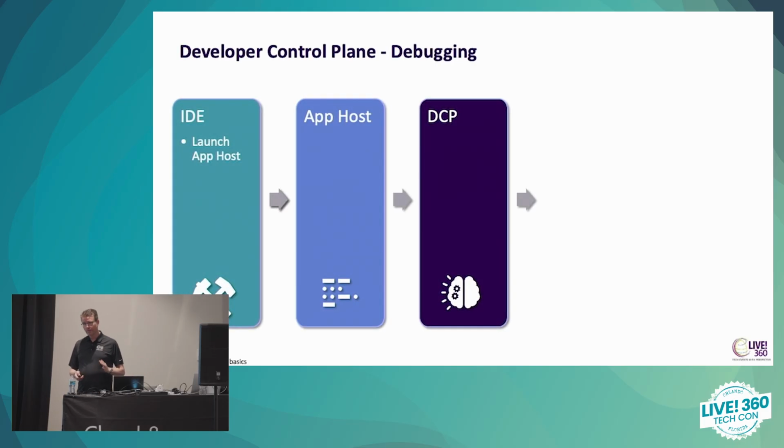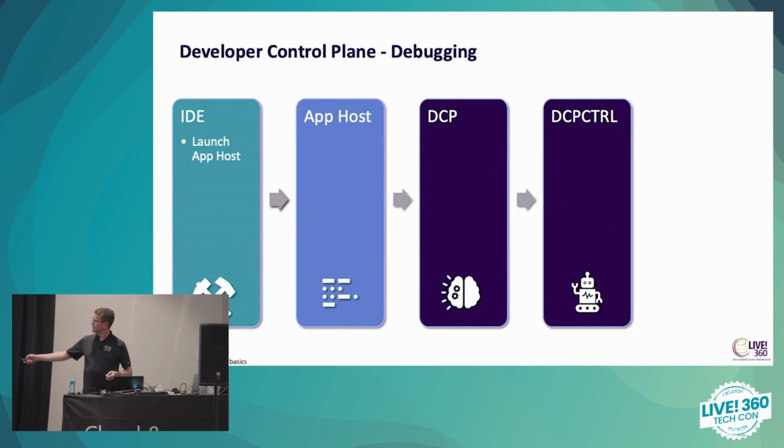Well, imagine you are not using the .NET CLI or Aspire CLI to run your project, but you do it from the IDE, like I just did. Then it's slightly different, so it's not .NET on the top of the list. The rest will be the same, so DCP control will be created by DCP, but it's not DCP control who will create the process instance.